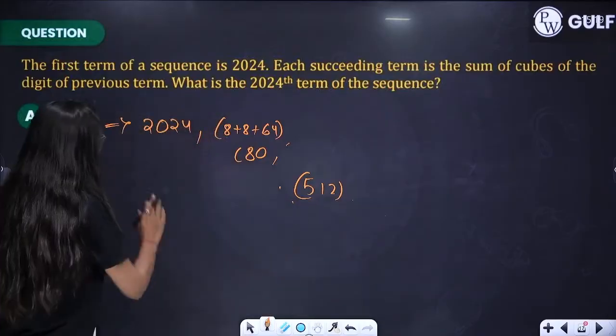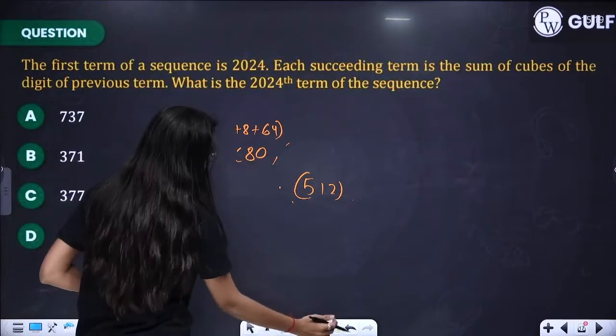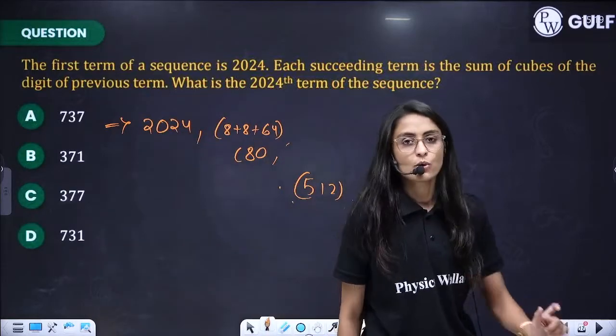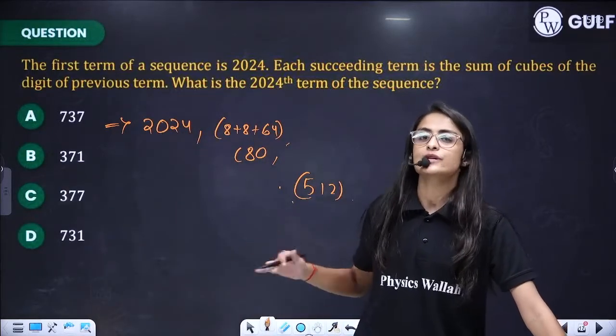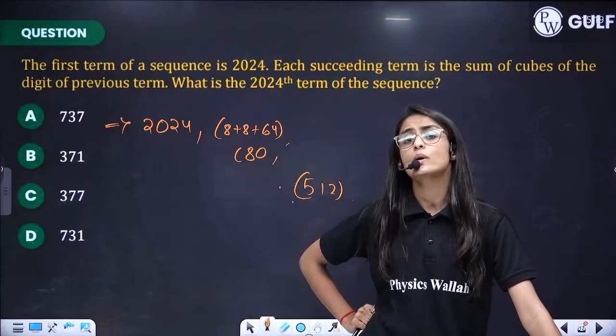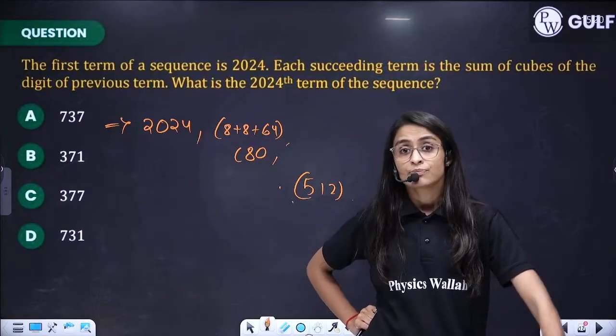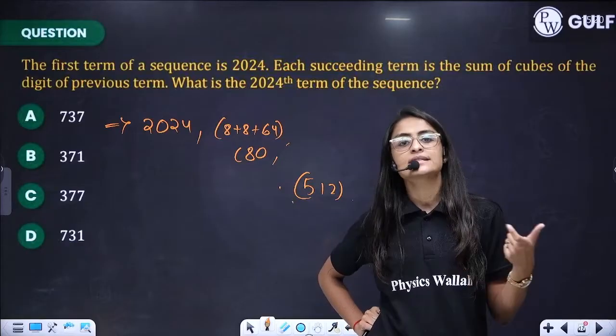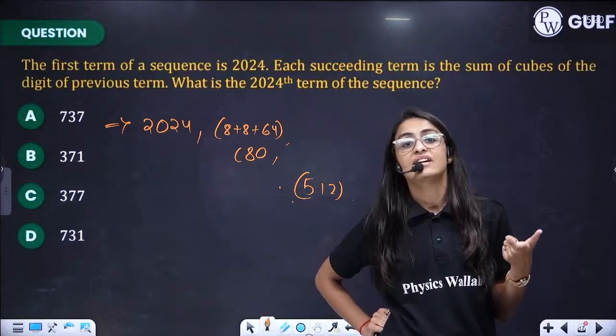Now what will happen, students, if you add the terms up to the first 10 observations? Okay, you have to do the same practice up to the first 10 observations. Later on you will be forming a pattern, right? Whatever digit you see, it will be forming 371.